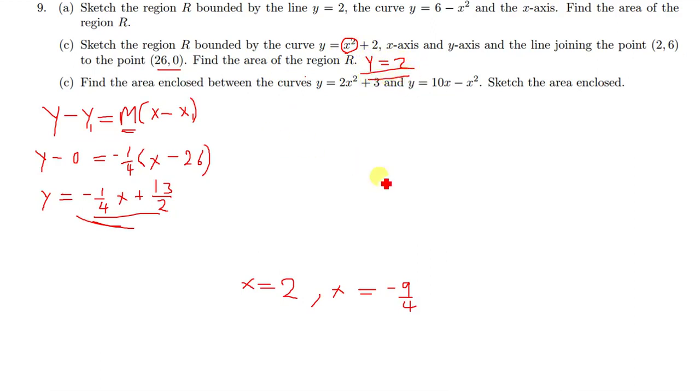So it's easier now for us to draw this. When you draw the curve like that, we know that this curve has a minimum value. So I'll draw it this way. It has a minimum value, and then it cuts the y-axis, so it's like this.